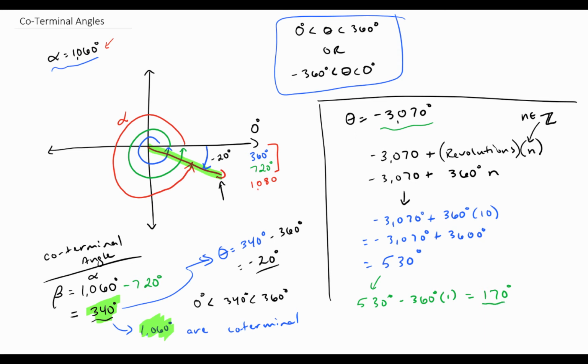Well, that's in between 0 and 360 degrees, so I'm not doing any additional revolutions, and I can graph that pretty easily. I know that it's just a little bit less than 180 degrees, 10 degrees less, so I'm going to get pretty close to 180 degrees, and that will be 170 degrees, which is going to have the same location as my original angle, negative 3070 degrees.